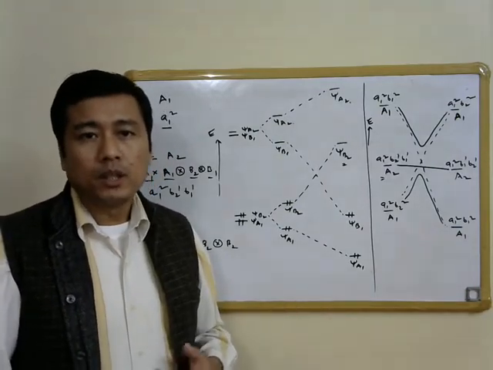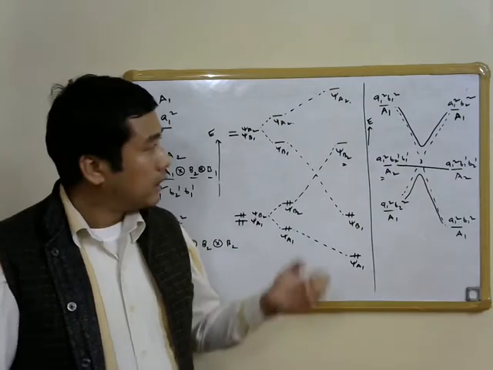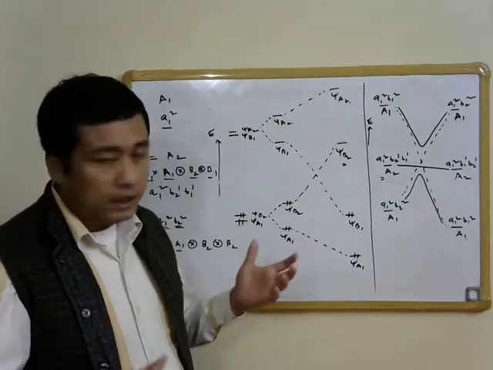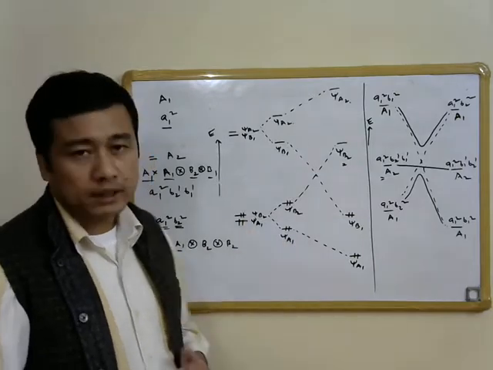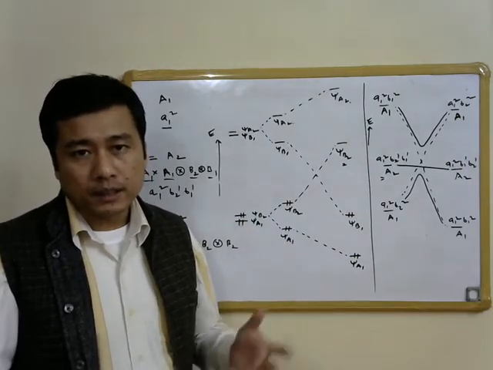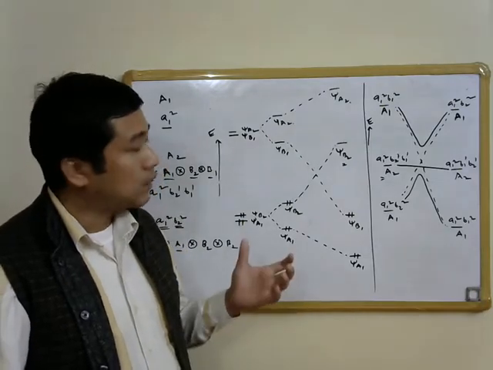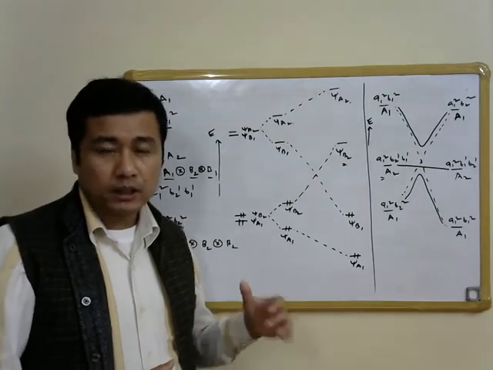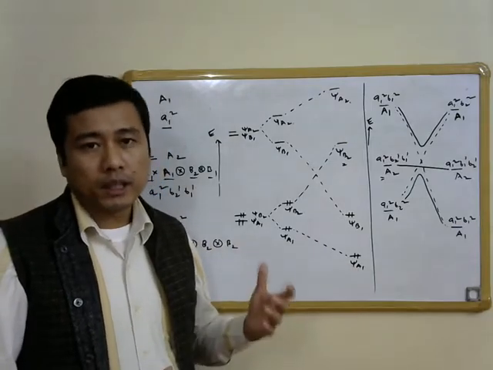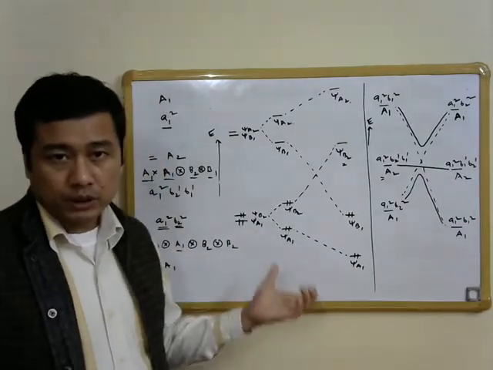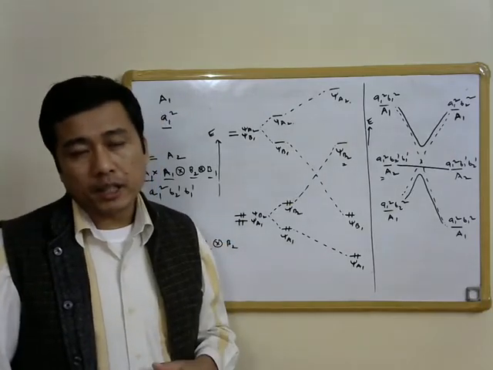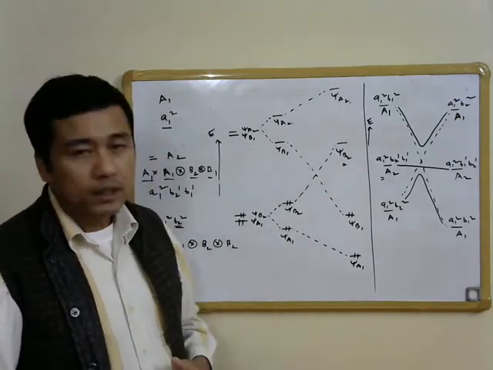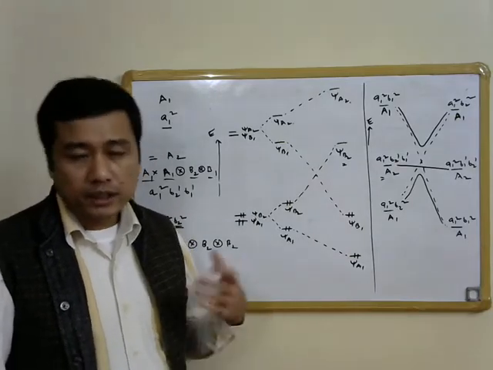We explored this using the Woodward-Hoffmann law, and tried to understand how one can arrive at these selection rules by taking the dimerization of olefin as the example reaction. We discussed how we can correlate orbitals of the same symmetry in the reacting system with orbitals of the same symmetry in the product, and how one can draw an orbital correlation diagram, which tells us that the 2 plus 2 cycloaddition reaction here is not thermally feasible.